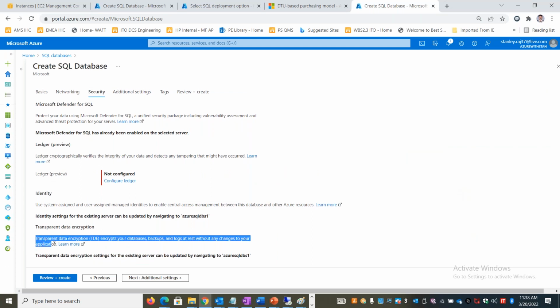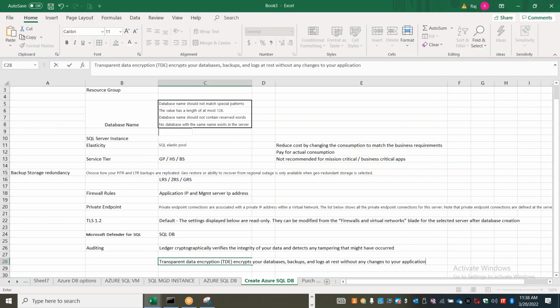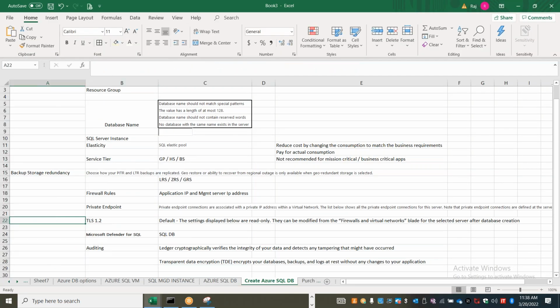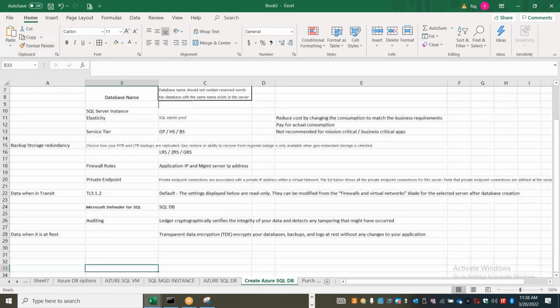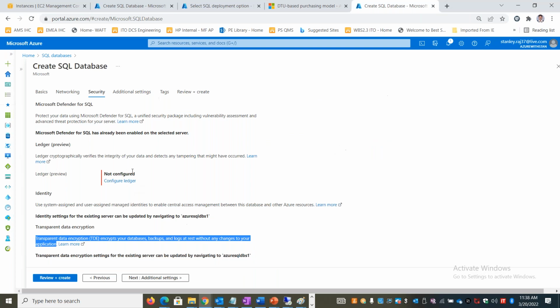And also you can configure the encryption on the data which is stored. So here, before, we were talking about data in transit, when the data is getting transferred, but here we are talking about when the data is at rest, it is also encrypted. So we are talking about how to secure your backups, data, logs, and all those things.